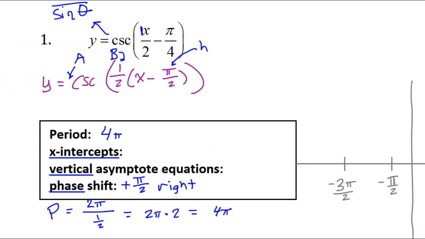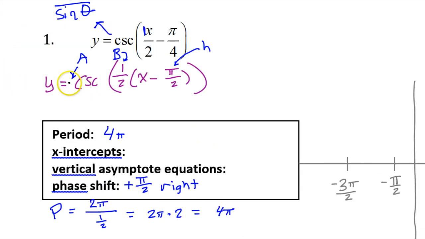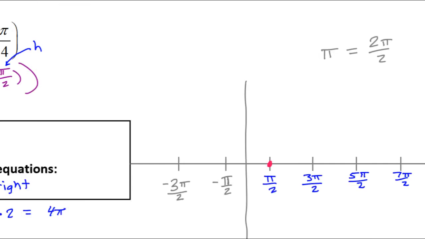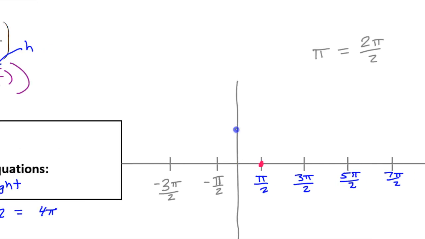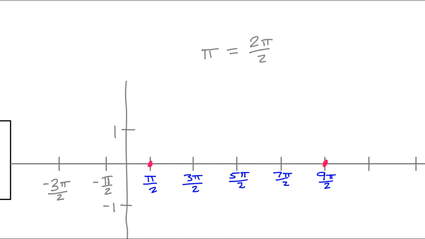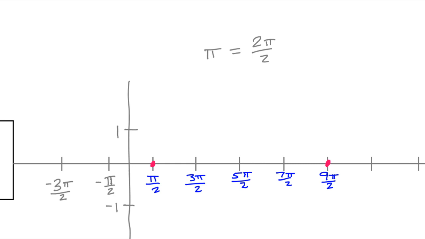Now, the a value. The a value is 1. So I'm going to go ahead and just mark positive 1 and negative 1 about here and here. And I'm going to go ahead and draw the sine function. Okay.